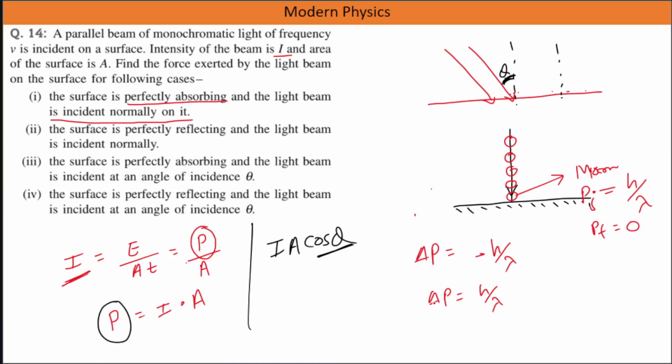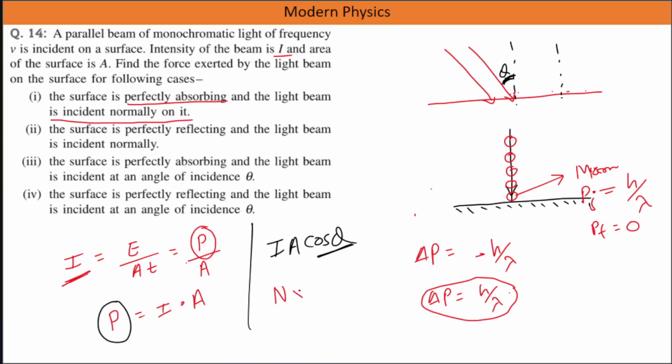Now how can we calculate the rate of change of momentum? Simple. See, here a single photon is not striking; there are so many photons striking. If we can calculate how many photons strike per unit time upon this area A, then all these n photons will undergo this amount of momentum change.